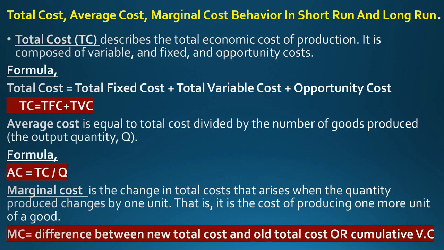So marginal cost is a change in total cost which arises due to producing one more unit of product. How to calculate marginal cost? Marginal cost is equal to the difference between the new total cost and the old total cost, or the change in cumulative variable cost. On this we will see some problems now.